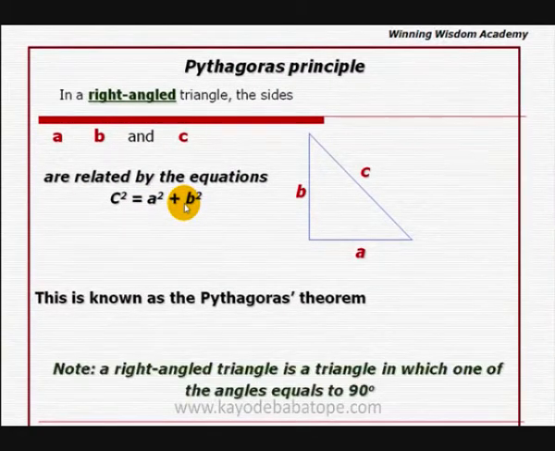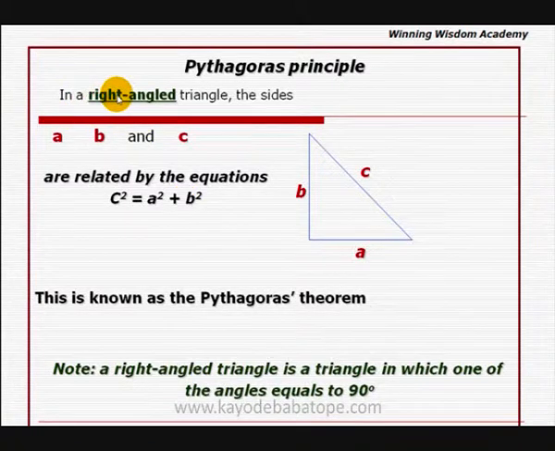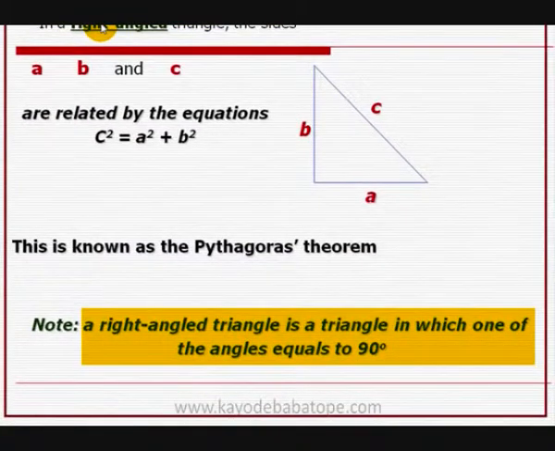But note this, that this is applicable only in a right-angled triangle. Now, what is a right-angled triangle? A right-angled triangle is a triangle in which one of its angles is equal to 90 degrees.